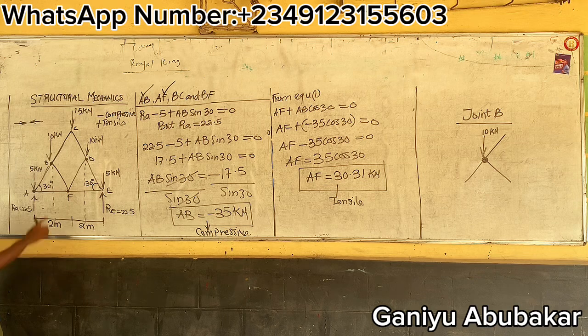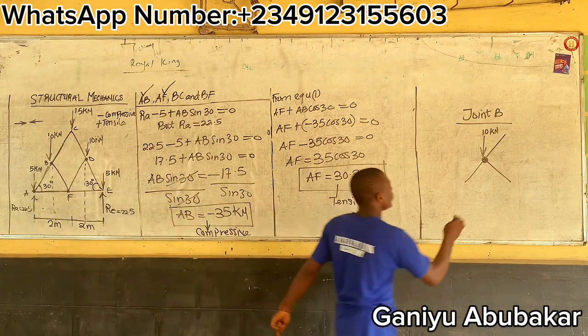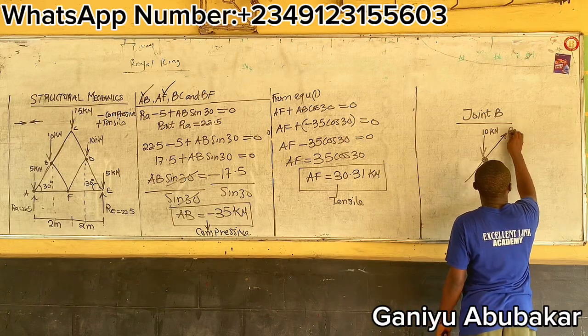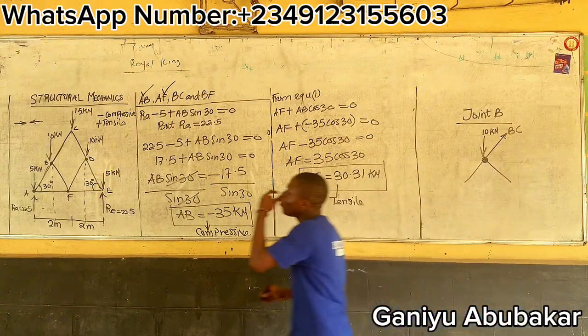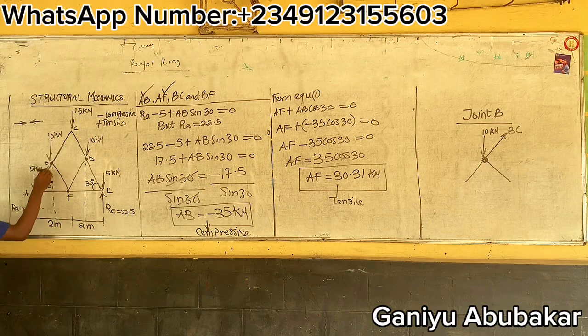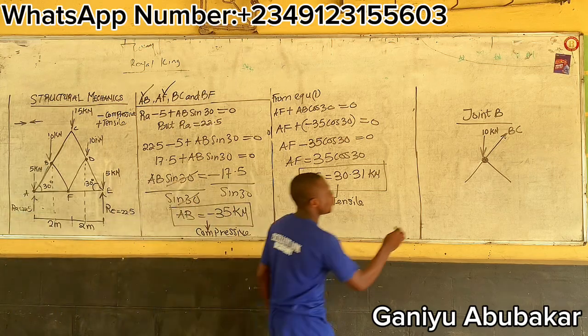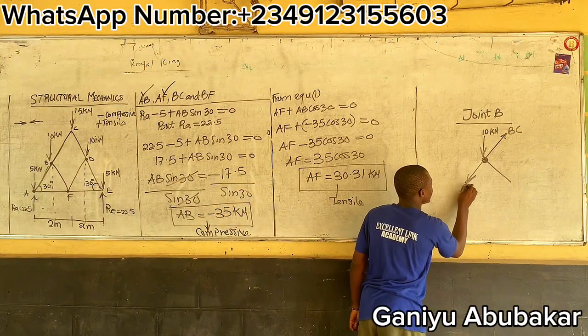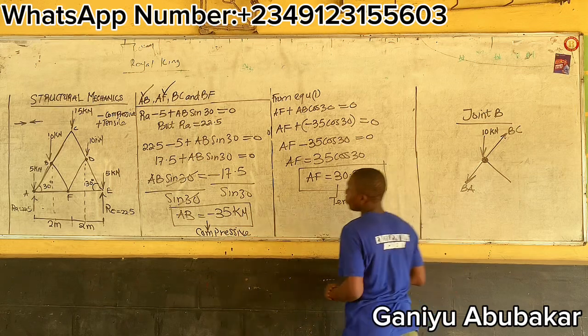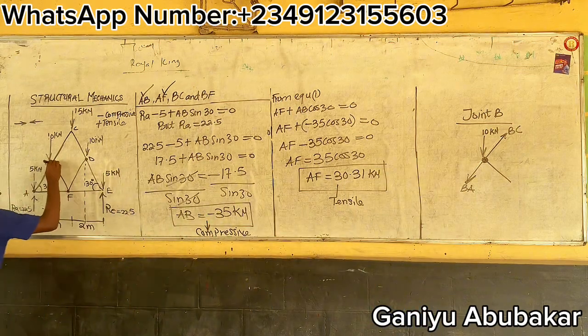BC. What will I call this line that I drew here? BA. BA is clear. Next, all I call this line, this one, BF, exactly.